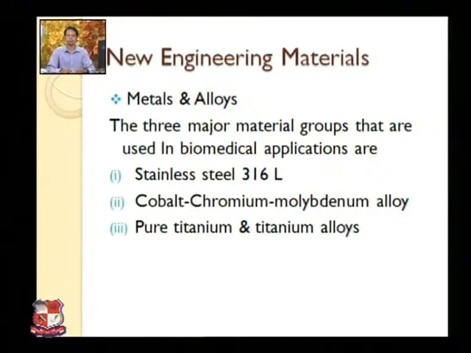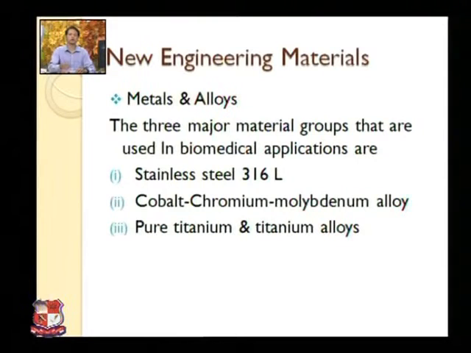Stainless steel 316L, a type of metal and alloy used as a biomaterial. Second, cobalt, chromium, molybdenum alloy. And third, pure titanium and titanium alloys, which are used as biomaterials in engineering applications.